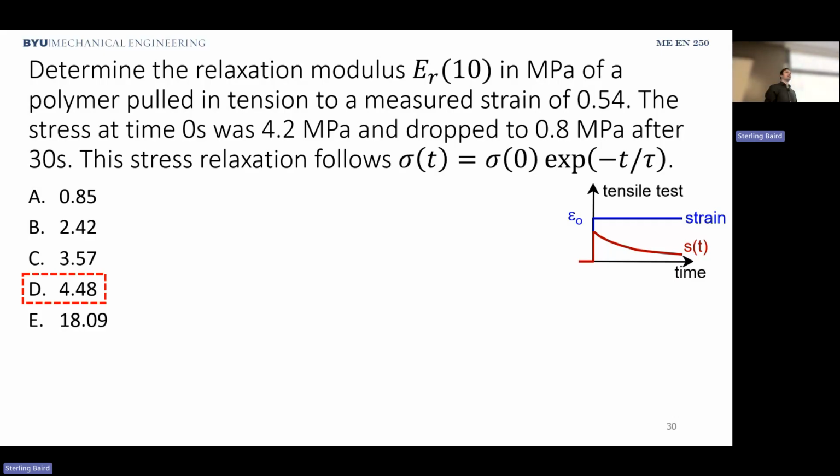All right, what's next? Then you have 10 for each time, and then 18.09 for your tau.